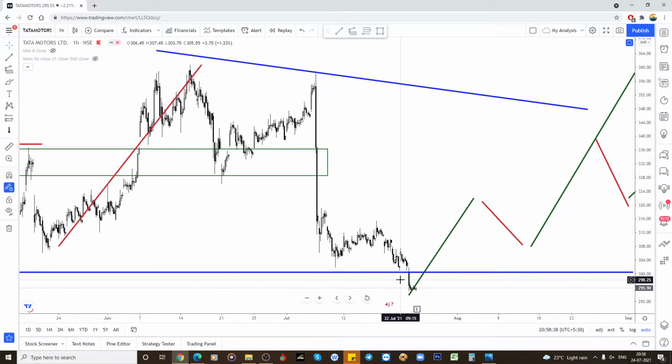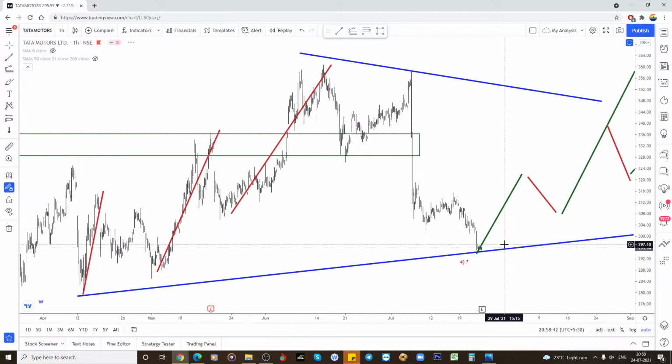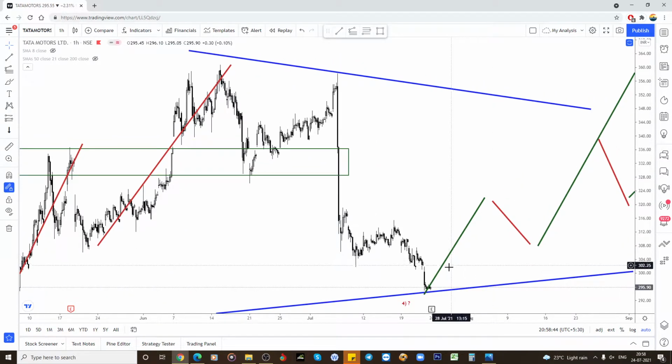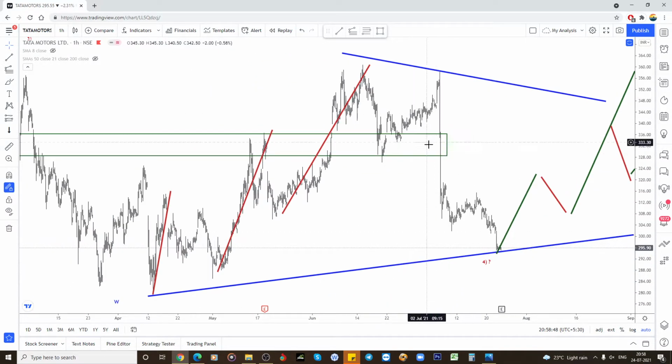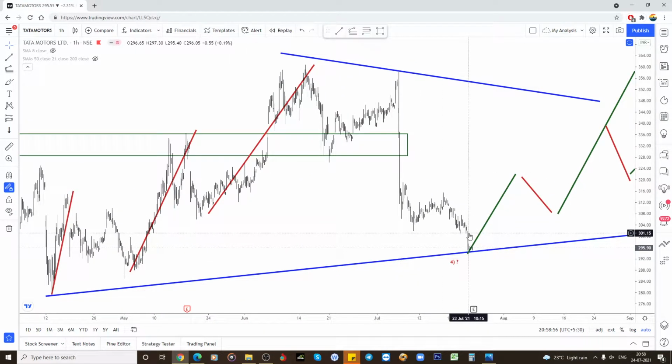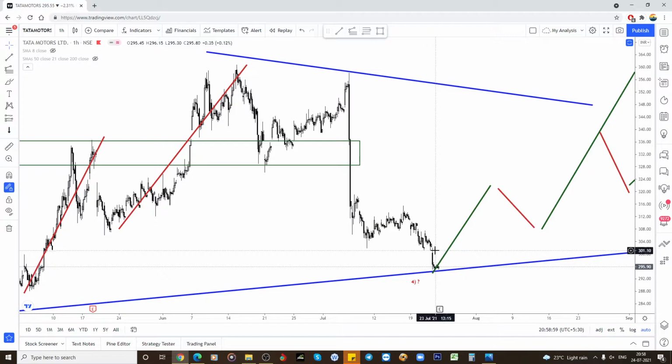So I bought at the 300 zone, yeah, 300. So 320 I already did in this drop, and again I bought at the 300 zone. Yes, perfectly clear. It's not 290 here.